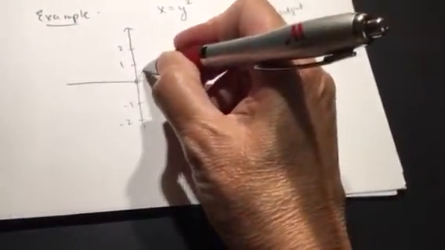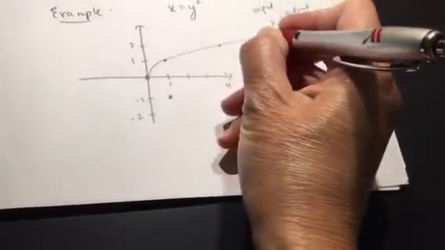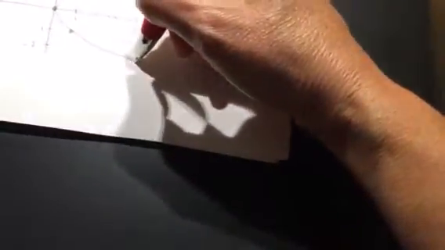The graph of this equation is a sideways parabola. And this is an example of something that is not a function. This is not a function.